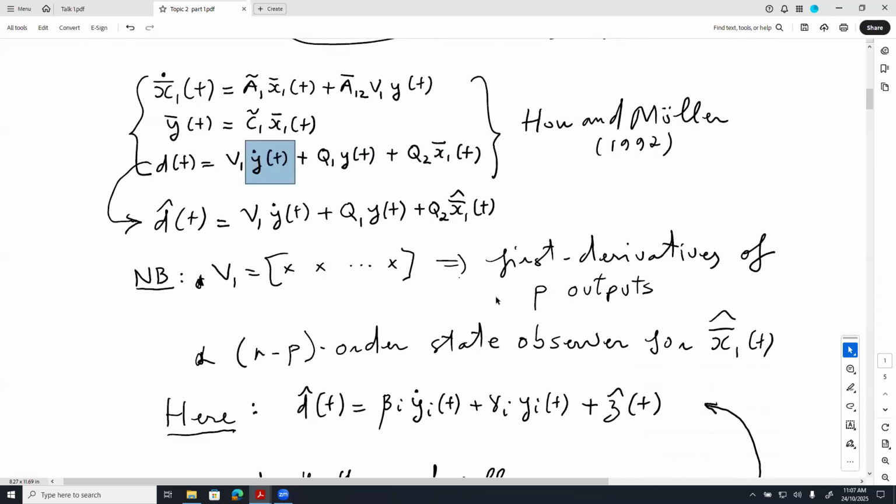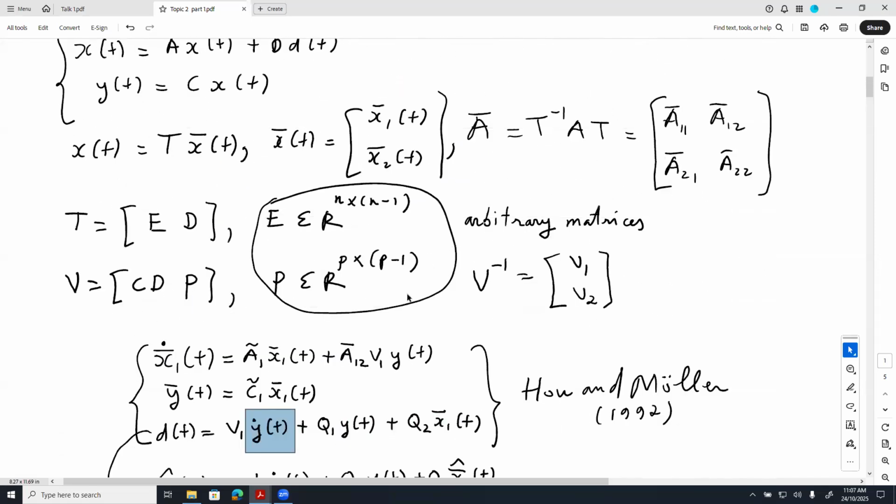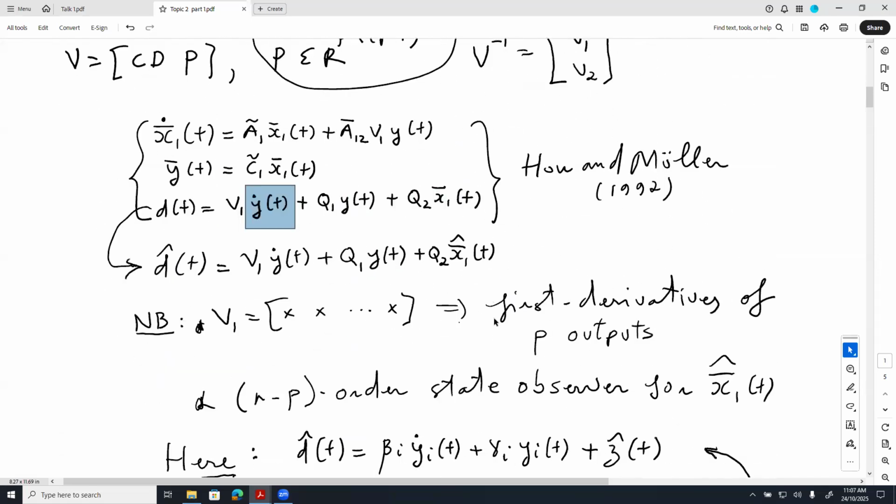As we remarked in our previous talk, if P is not chosen properly, we might end up using first derivatives of all the p output measurements. Because if this matrix V1 contains all non-zero elements, then we can see clearly from this expression that we might end up with p output measurements where we need to take the first derivative of all of them.